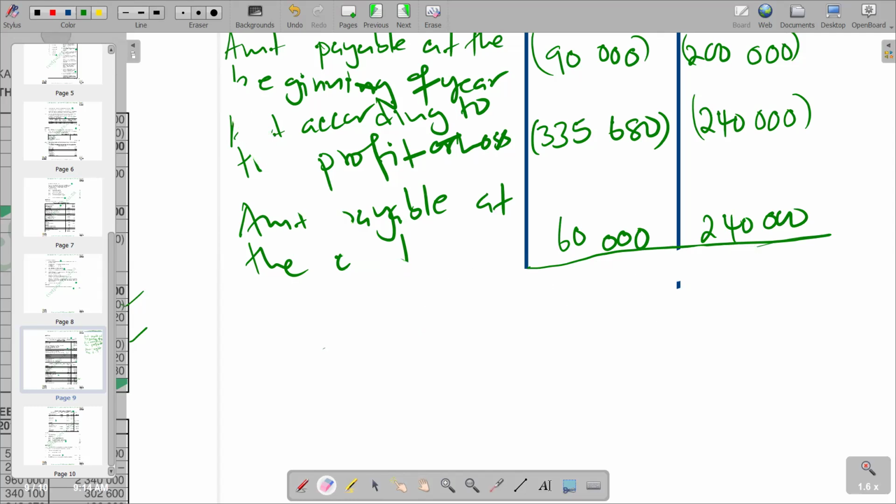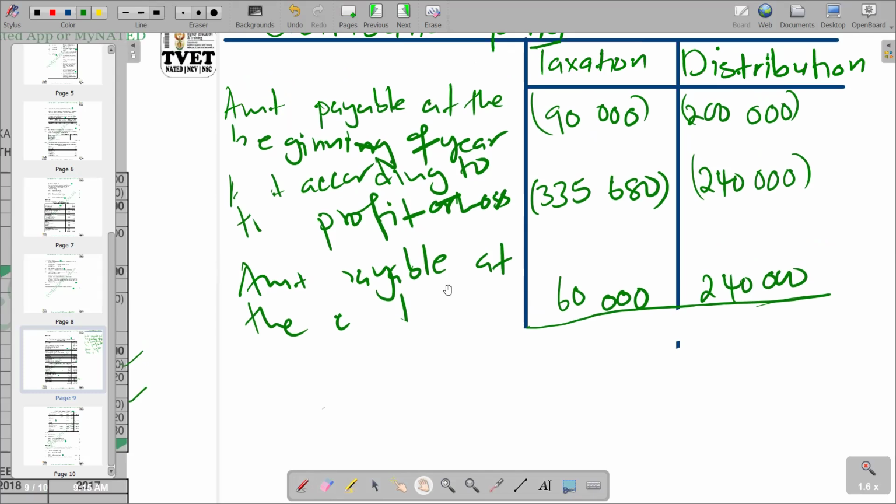So if you calculate in the first column, you'd see that, let's bring it down so that you can see all the figures.